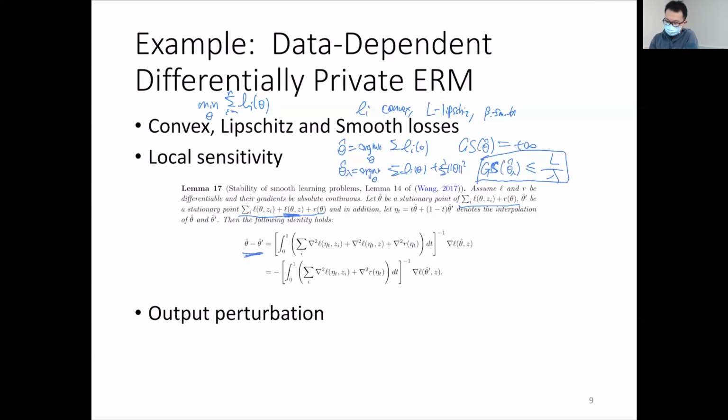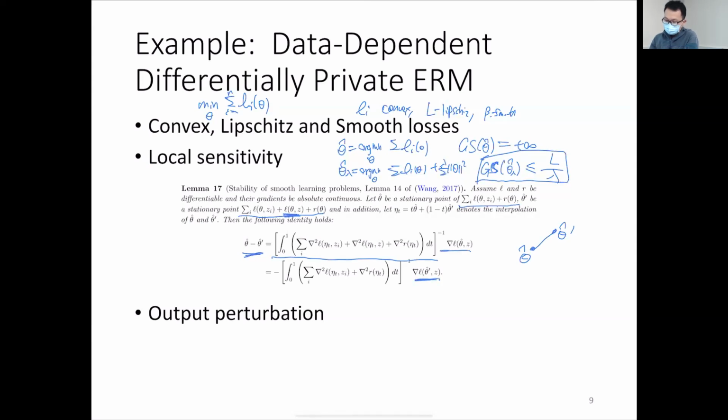So you can show that this has a form that in some sense generalizes that of linear regression. It depends on the individual gradient of this new data point z at the optimal solution theta hat, and also an inverse of an integral of the Hessian matrix. The integral goes along the line segment from theta hat to theta hat prime.